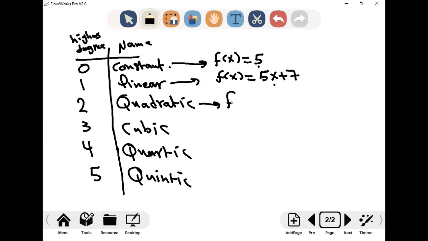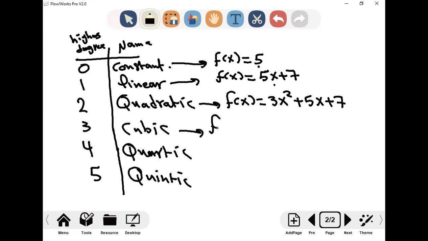Quadratic like f of x equal 3x power 2 plus 5x plus 7. The highest degree on x is how much? 2. If the highest degree is 2, what we call it?